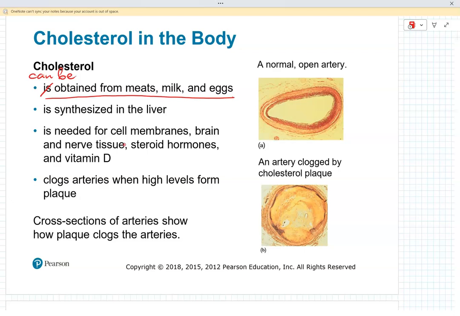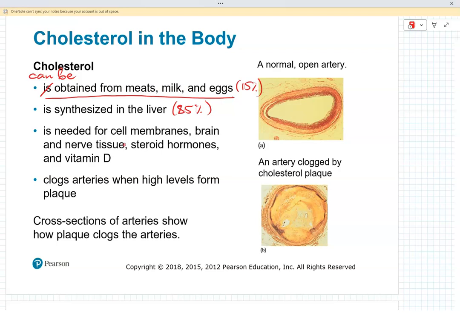Do you follow my train of thought? About 15% of the cholesterol that your body uses every day comes from food. 85% is synthesized in the body.